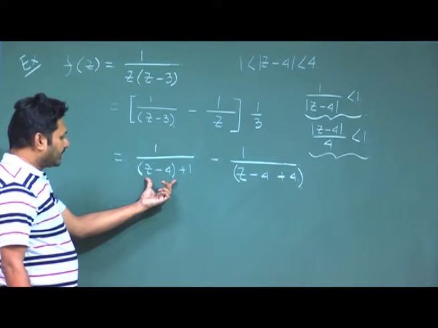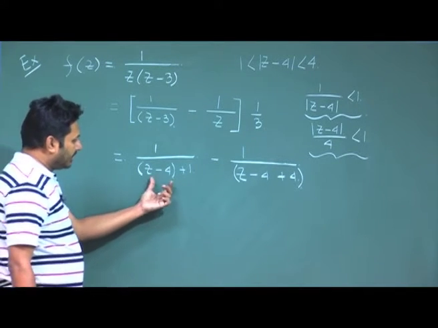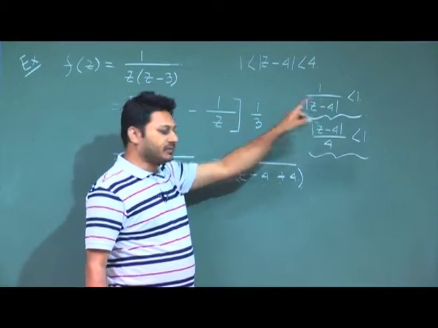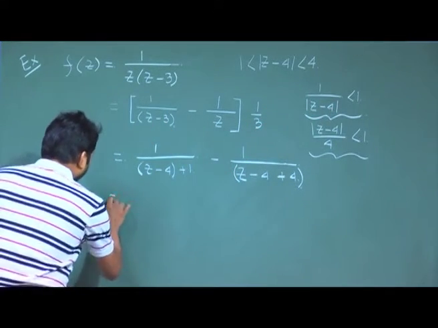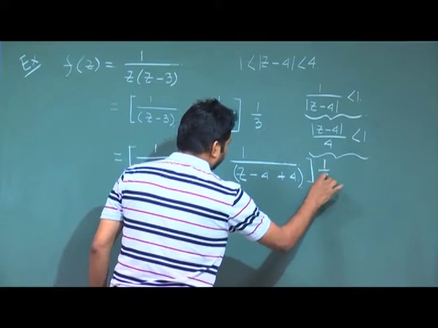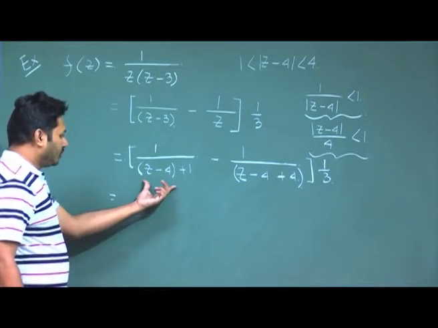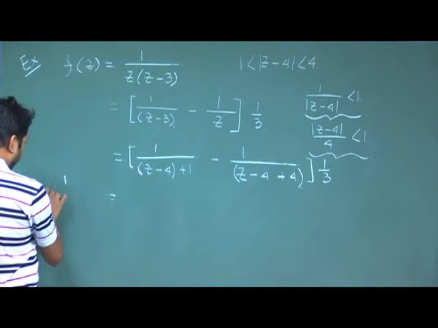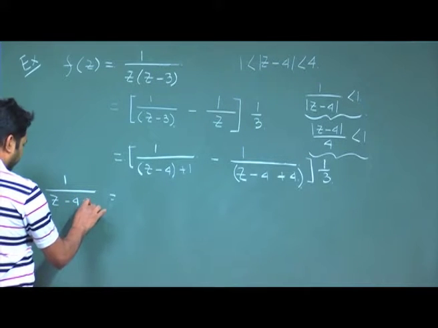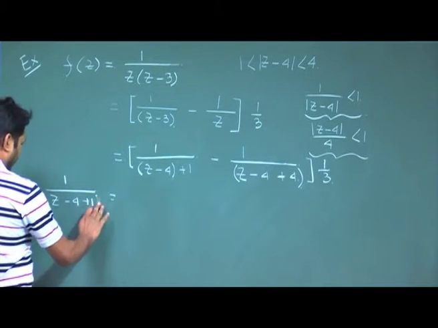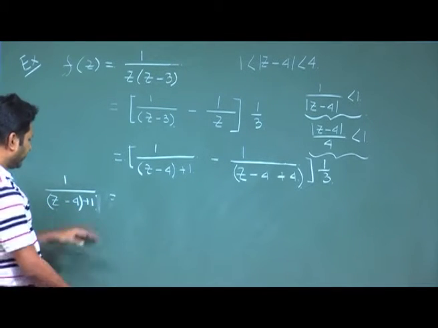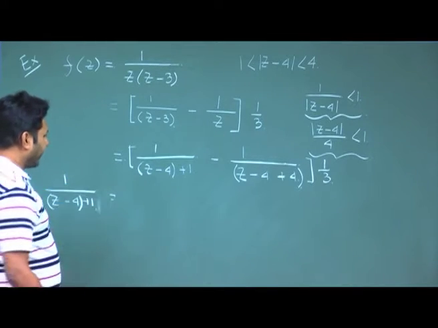Now, I can expand this term because here I can have 1 divided by (z minus 4) less than 1. The 1 by 3 term is already there. So, separately, let me write it on the right hand side. I am expanding only this term, z minus 4 plus 1.